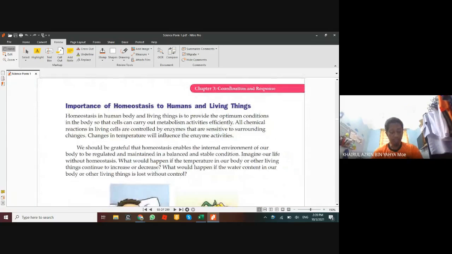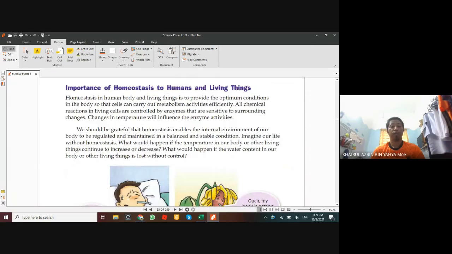So this is the last part of chapter 3. Importance of homeostasis to humans and living things. Homeostasis in the human body and living things is to provide the optimum conditions to carry out metabolism activities efficiently.